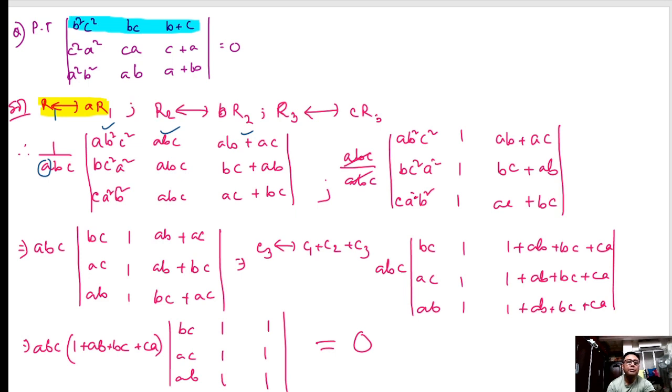Similarly, if I want to multiply the R2 column B times, this is how we have written it. Similarly, I want to multiply the R3 column C times.